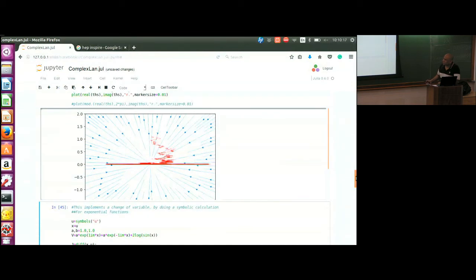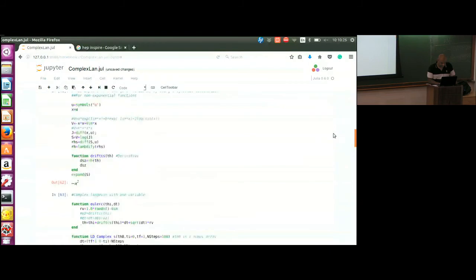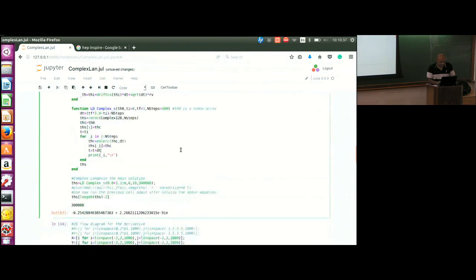The stochastic dynamics will sample it over the real line as it should. Now, if we move away from that point, something like this, now this is u square minus 3iu.